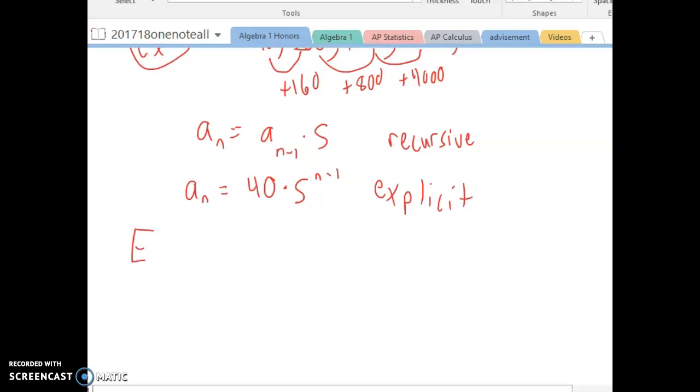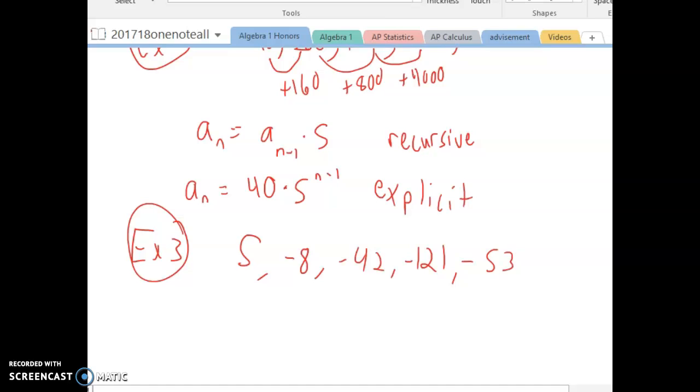So let's look at one more example. 5, -8, -42, -121, -5,328, ellipsis. So how do we get from 5 to -8? Subtract 13, very good.